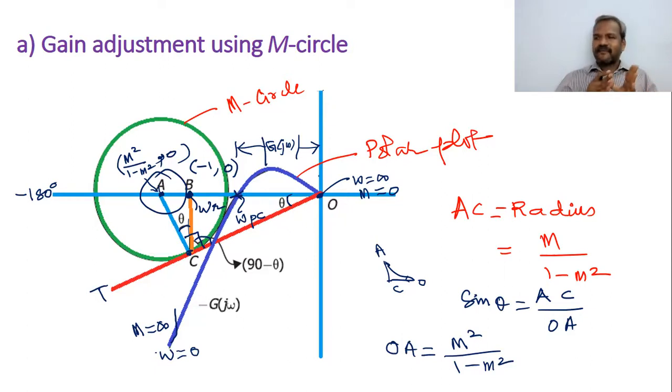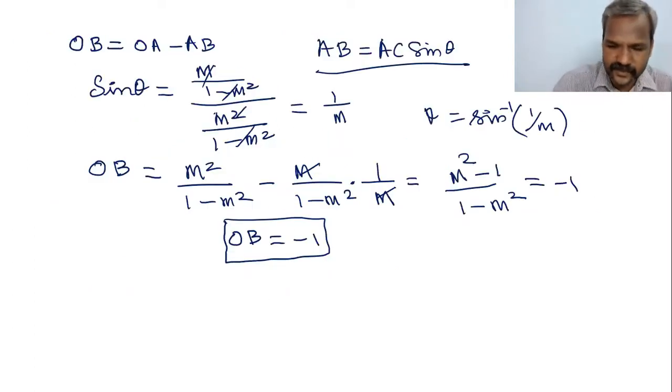The factor by which the gain can be adjusted to obtain the desired value of magnitude can be ascertained. Understand or not? The various steps to determine the gain using M circle are as follows. Let us see what steps.